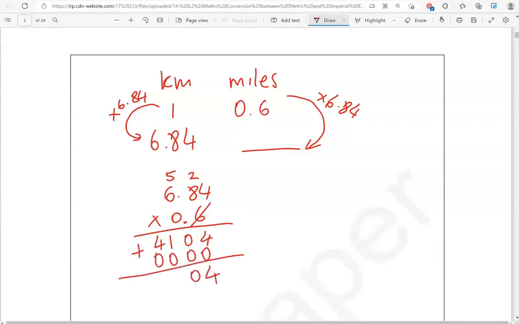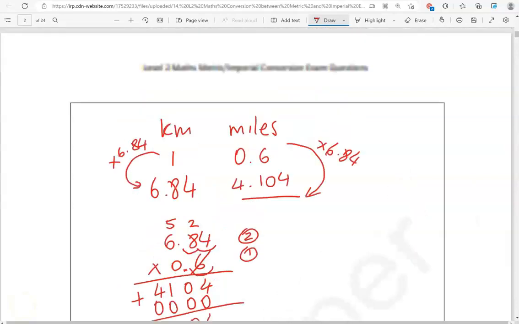So 4, 0, 1, 4 there. We've got 2 decimal places in the first number, and we've got 1 decimal place in the second number. So that is 3 in total. So we're going to give our answer 3 decimal places. 1, 2, 3. 4.104. That's how many miles in 6.84 kilometers. Approximately, that is.